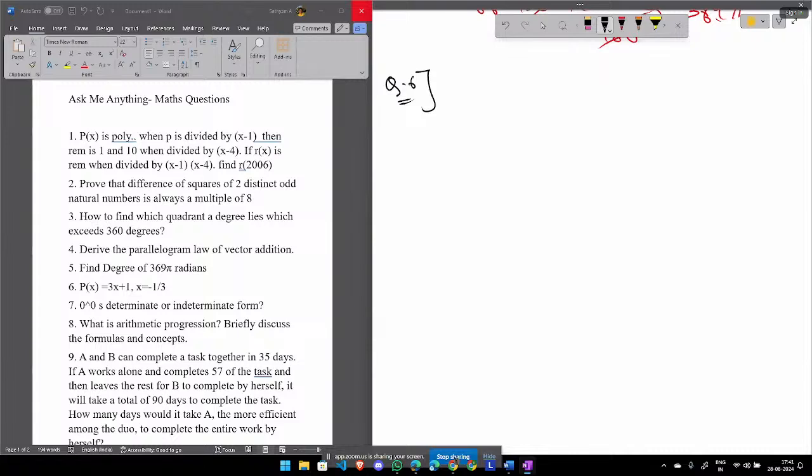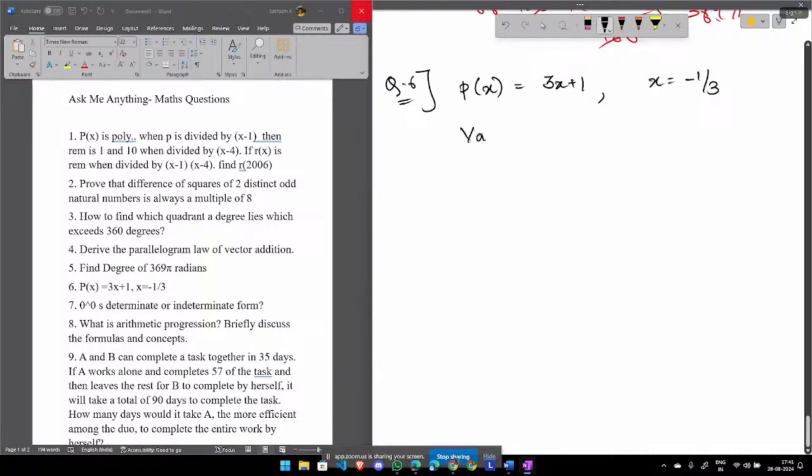Next question. Okay, question number 6. What is given in question number 6? p of x is equal to 3x+1. So at x is equal to -1/3, what will its value be? Such an easy question, right? We don't have to do anything extra. We simply have to substitute the value of x, that is -1/3, into the function and evaluate.